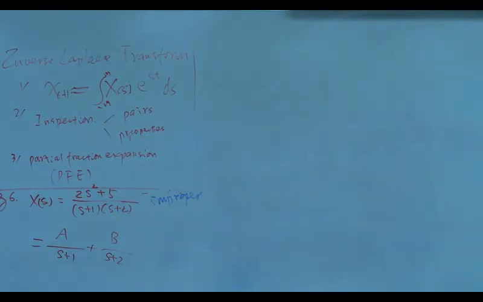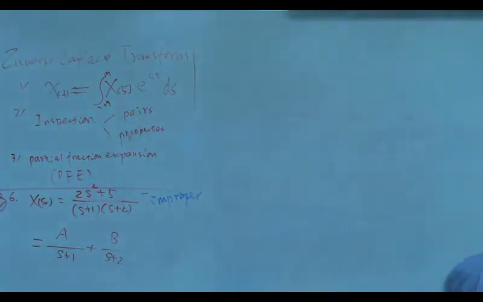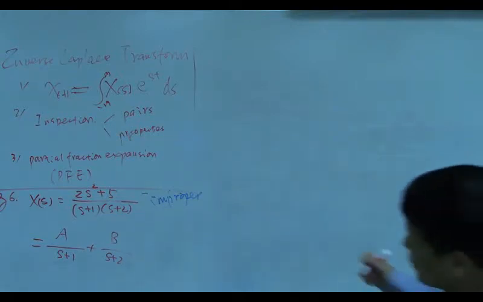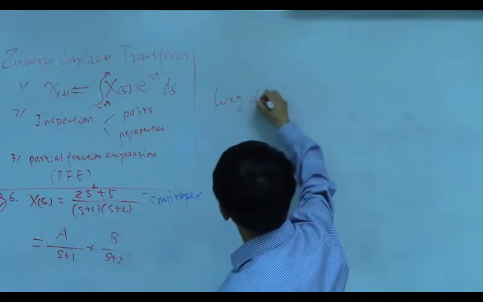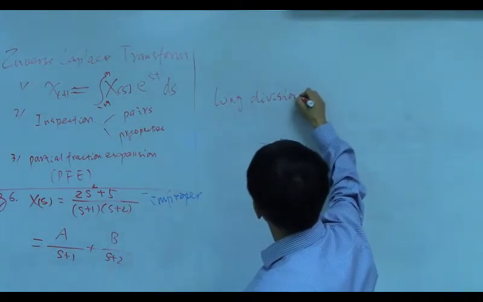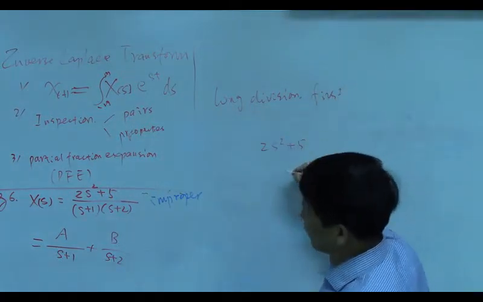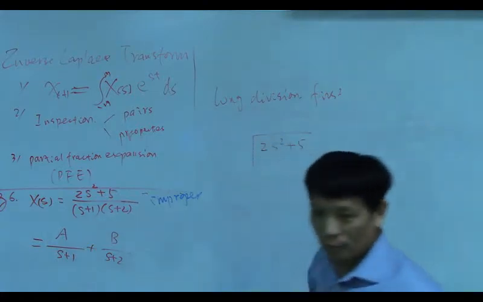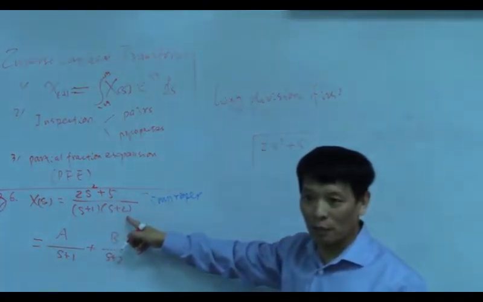So here is the key. We are going to do long division first. So 2s squared plus 5 divided by s plus 1 times s plus 2.